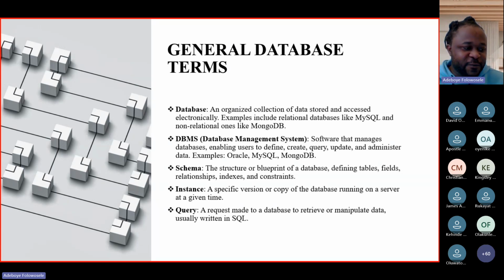Then an instance is a specific version or copy of a database that is running on a system. And as well, you know what a query is. A query is a request that is made to a database to retrieve or manipulate data, usually written in SQL. And that's why SQL is structured query language.